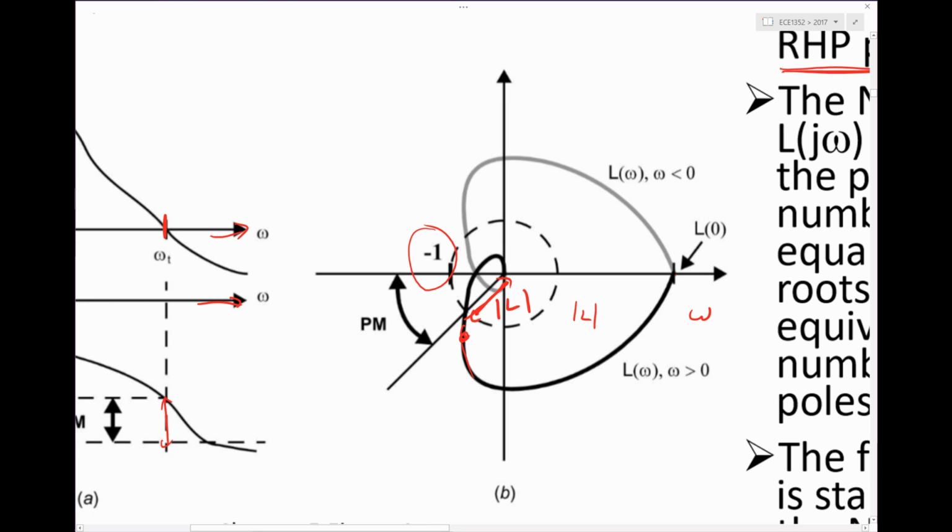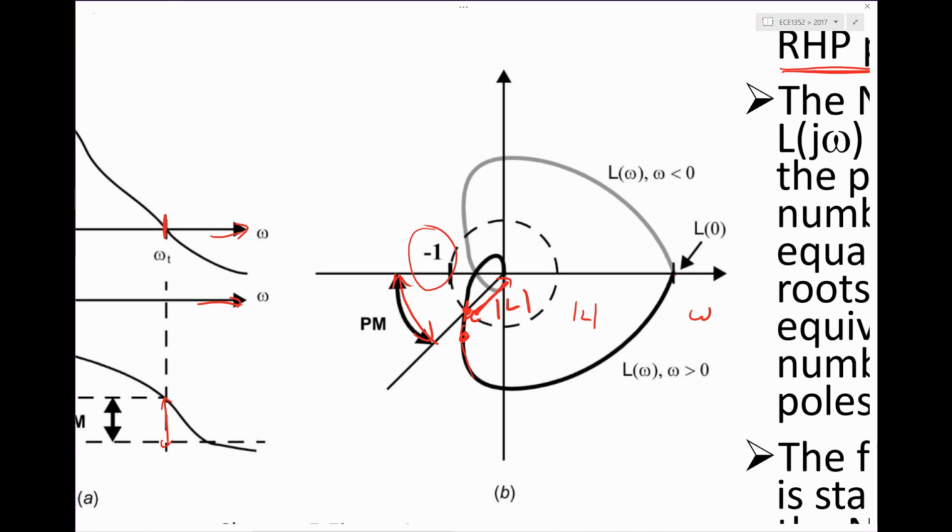That's wherever this contour crosses through the unit circle, by definition. And at that point, how much phase do we have? What's the phase angle of L, and how far away is it from -180? We use that again to infer some stuff about the dynamics of the closed loop amplifier.